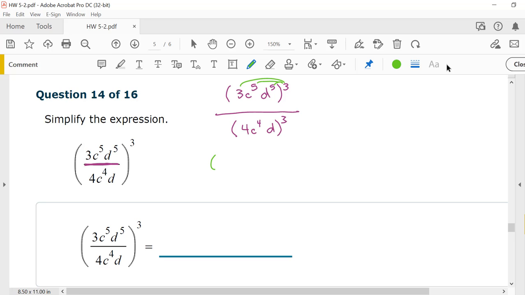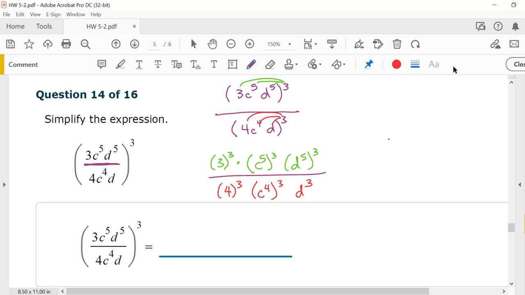So I'll have 3 cubed, c to the 5th cubed, d to the 5th cubed, all over, and I'm going to distribute that 3 on the bottom to everybody. So that's going to be 4 cubed, c to the 4th cubed, and d cubed.